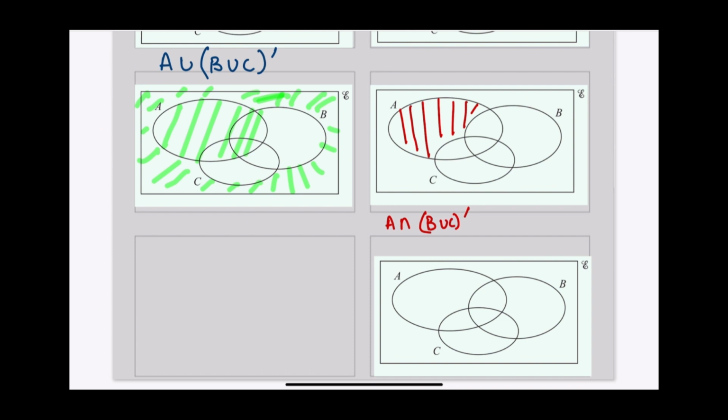So first step, shade all with a different color on the same diagram where there is no B union C. And then shade A with a different ink.